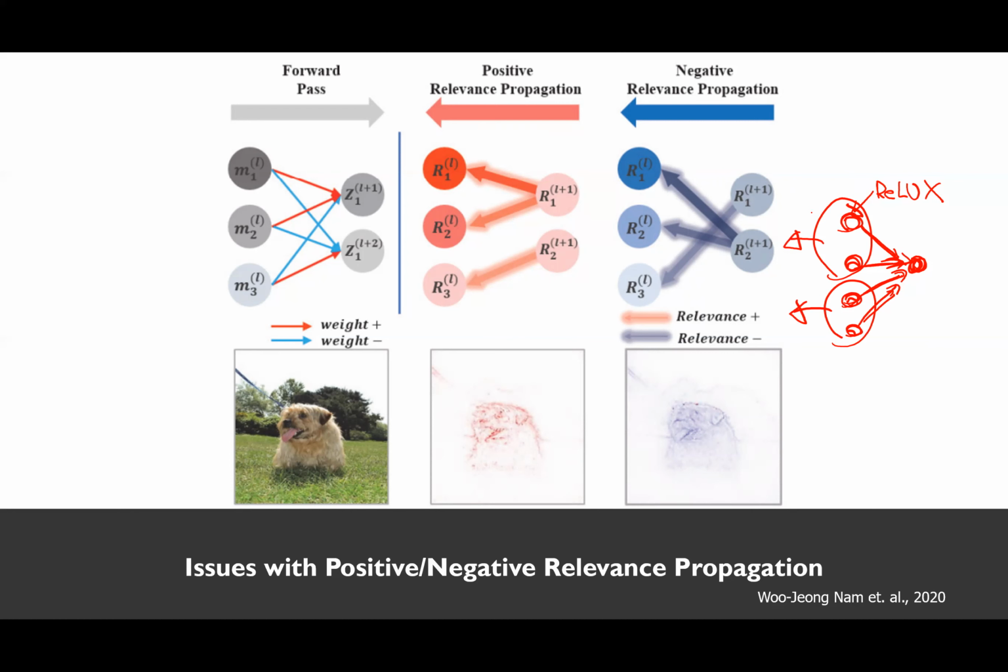But in this case, it is empirically observed that both the positive attribution and the negative attribution concentrate on the location where the object is. That is the issue. We wish the positive contribution to be on the object and the negative contribution to be located in the external area.